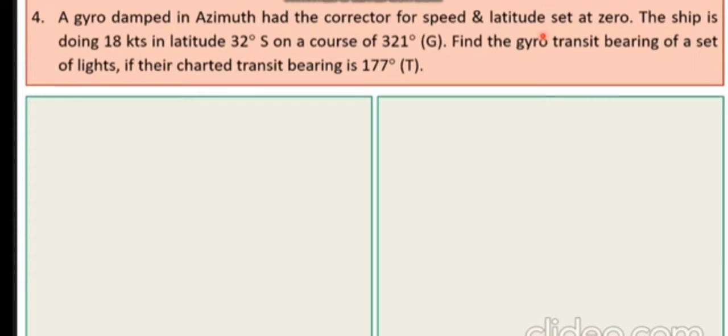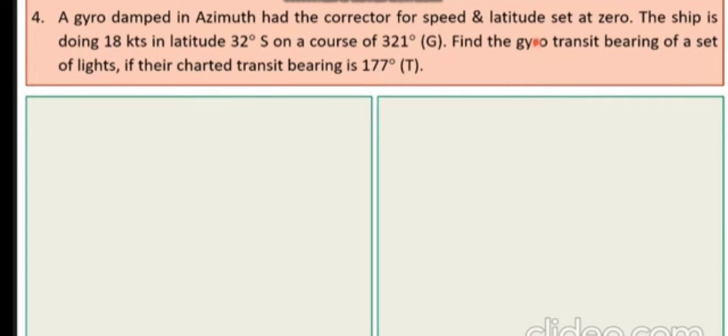At that time we used to have old generation gyros which had a corrector for speed and latitude. Basically there were two big knobs somewhere in the chart room, one of them for feeding in the speed and the other one for feeding in the latitude.